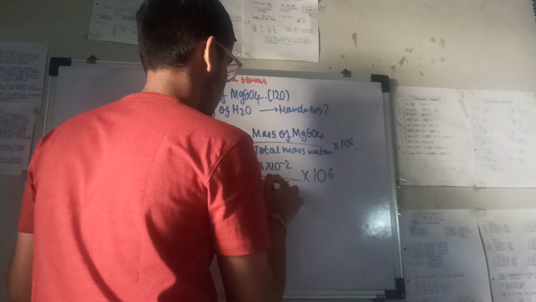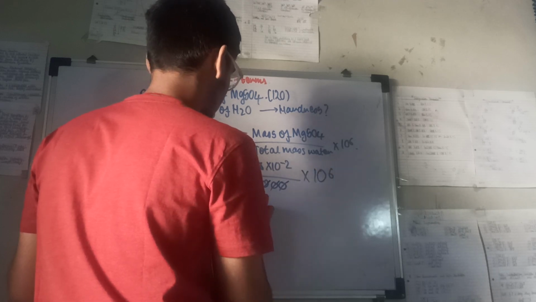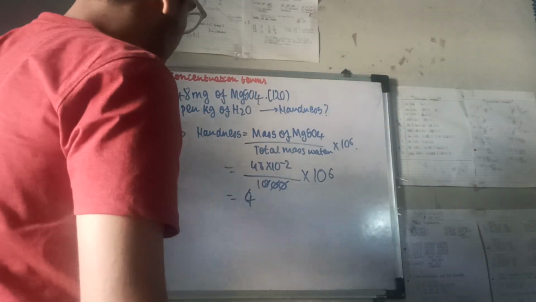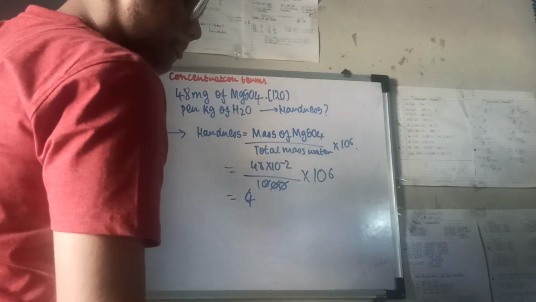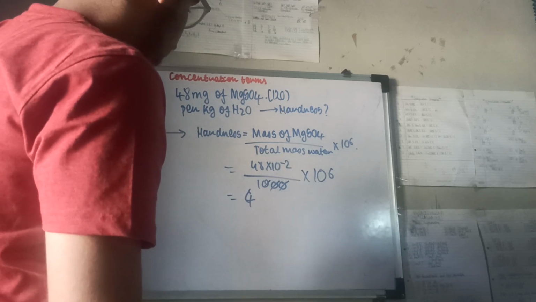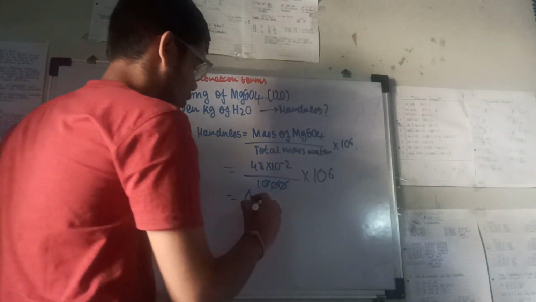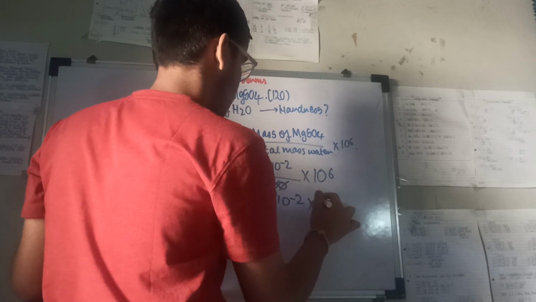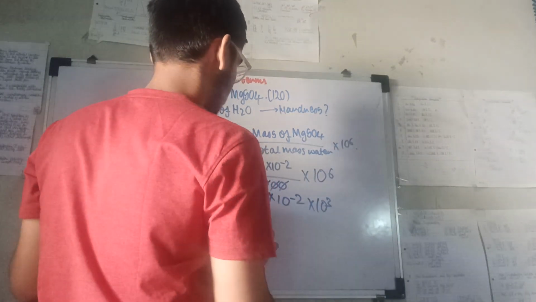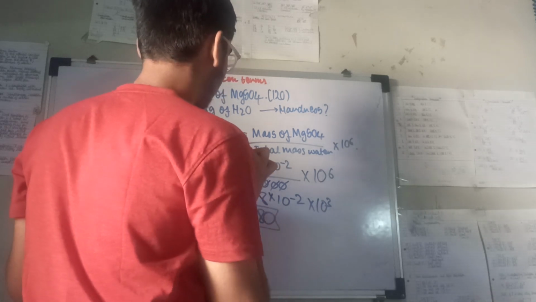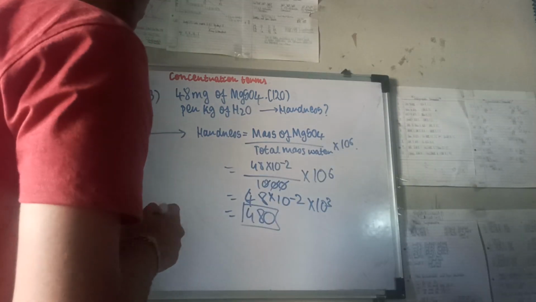Three zeros will be cancelled. 48 into 10 to the power minus 2 into 10 to the power 3. 480 we are getting.